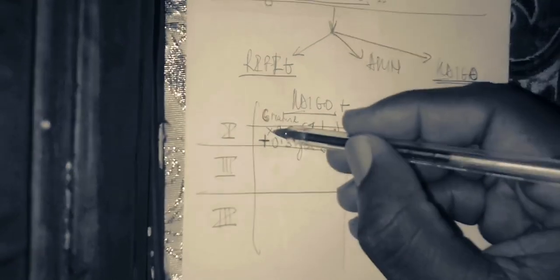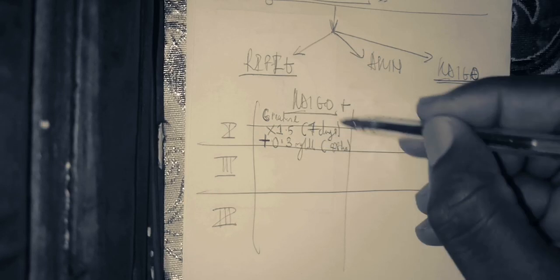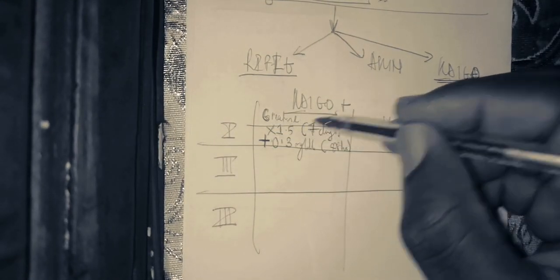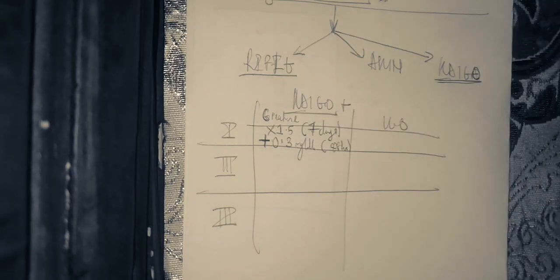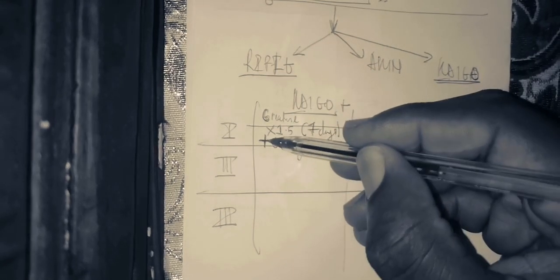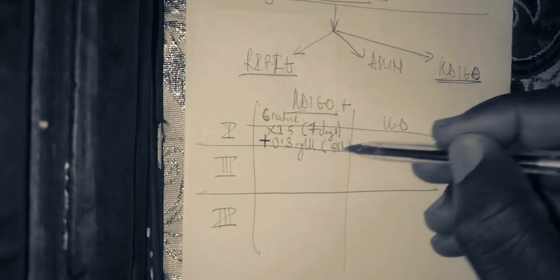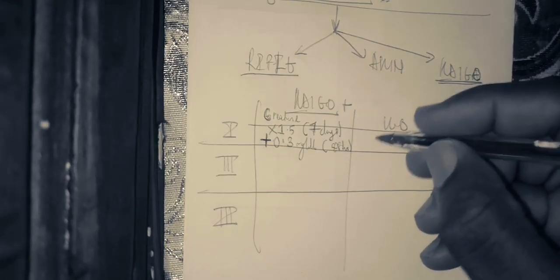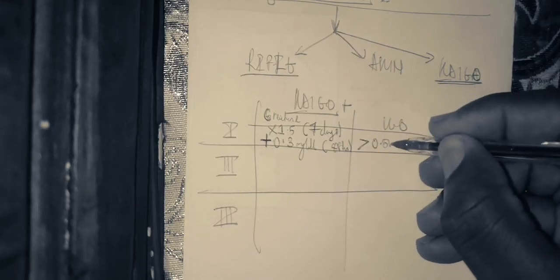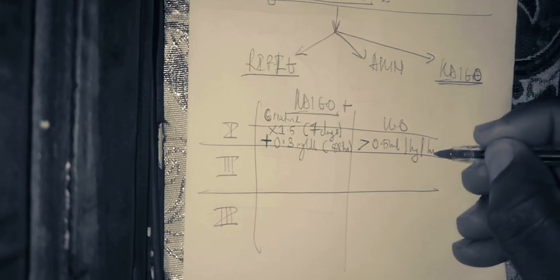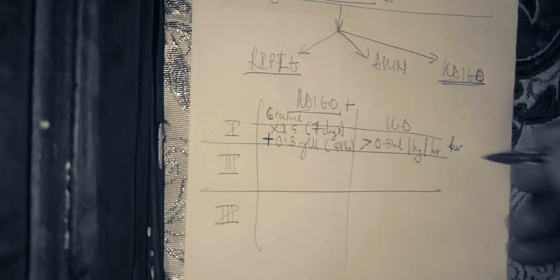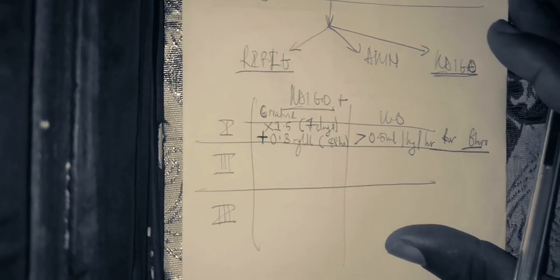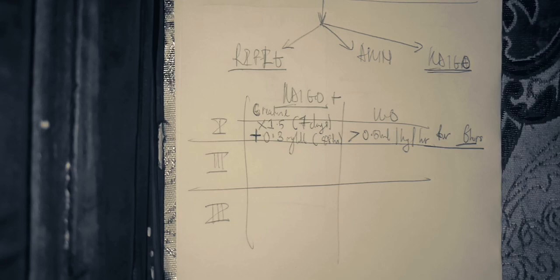It means that within 7 days you multiply the initial value by 1.5 times to get the final value, or you have an increase of 0.3 within 2 days. Is it clear? In the case of urine output, it is going to be less than 0.5 mL per kilogram per hour for 6 hours. Is it clear? That is the KDIGO stage 1 classification of acute kidney injury.